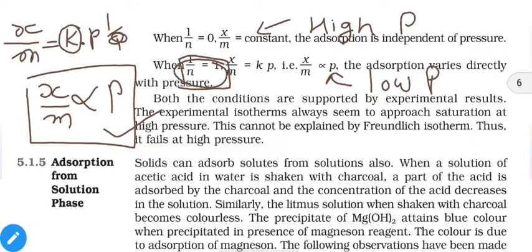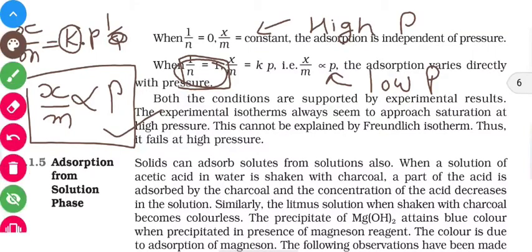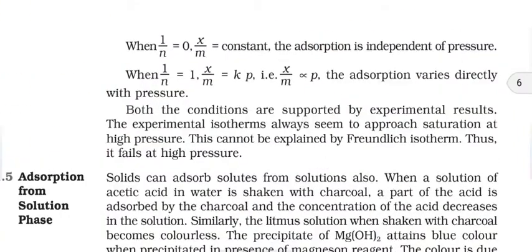But we cannot explain this with the help of the Freundlich adsorption isotherm. More detail about the effect of pressure on adsorption is discussed in the Langmuir adsorption isotherm. We will discuss it later.